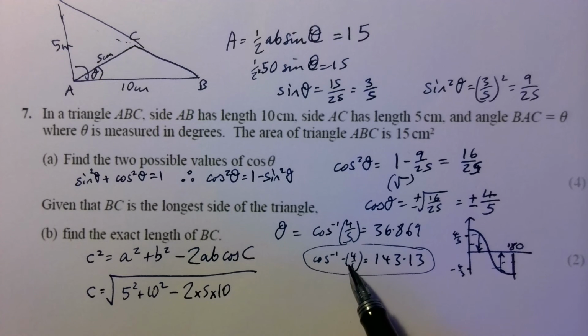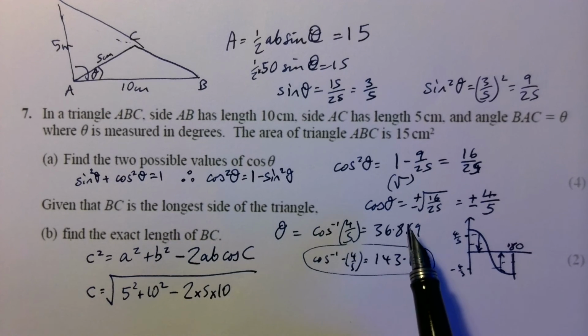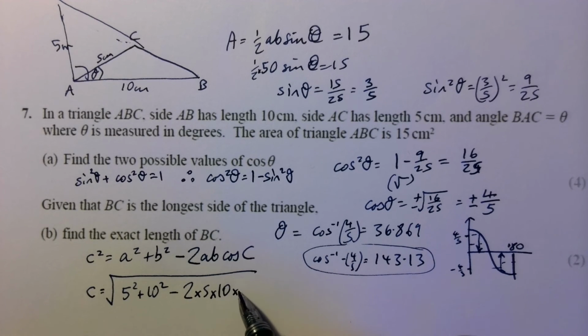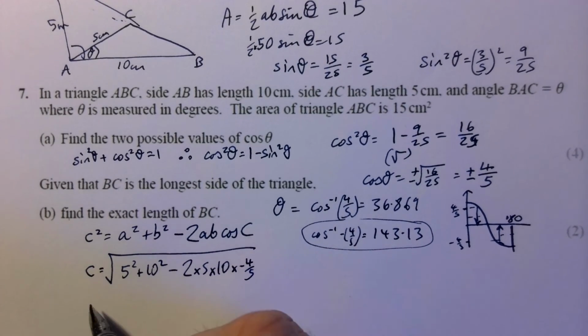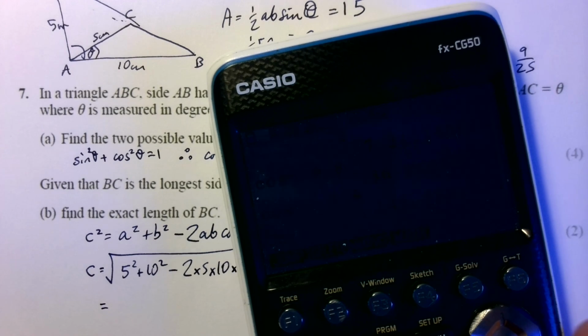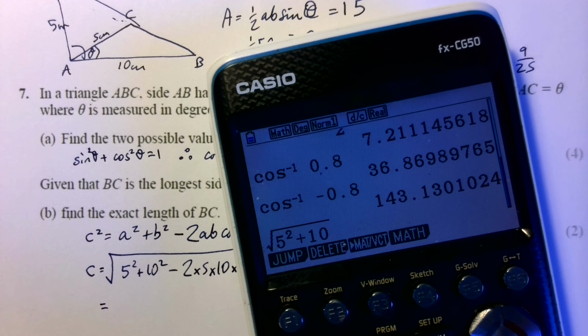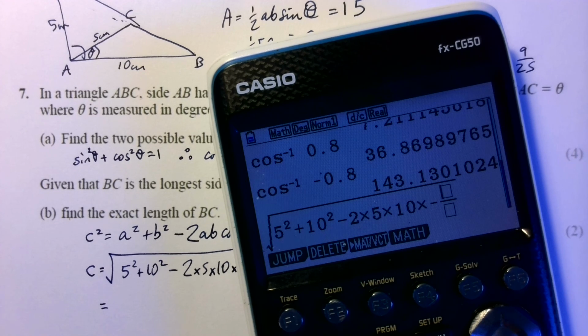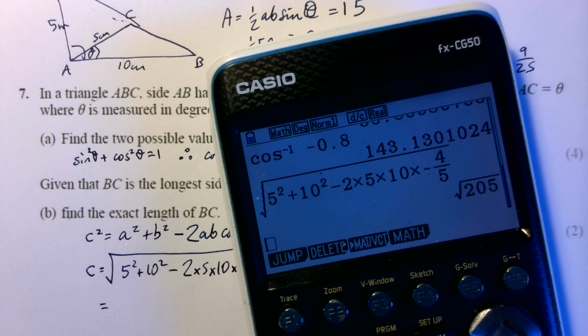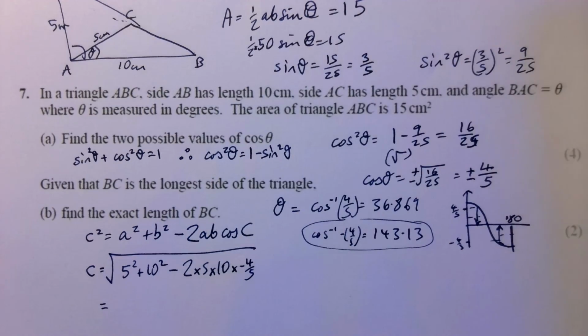and then cos theta being negative 4/5 times negative 4/5, and that's going to give me, I can put it all in my calculator like that, square root 5 squared plus 10 squared take 2 times 5 times 10 times negative 4 over 5 equals the square root of 205.